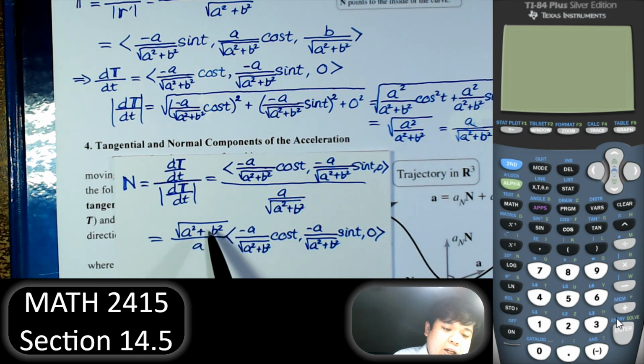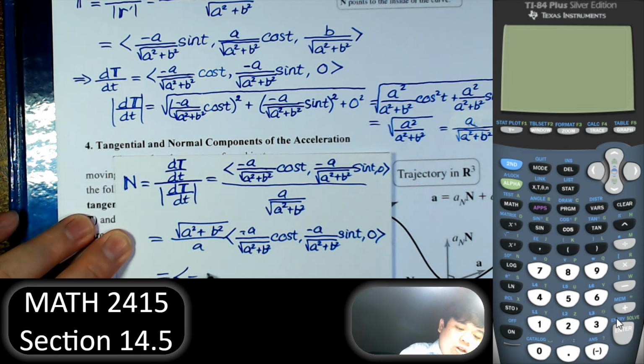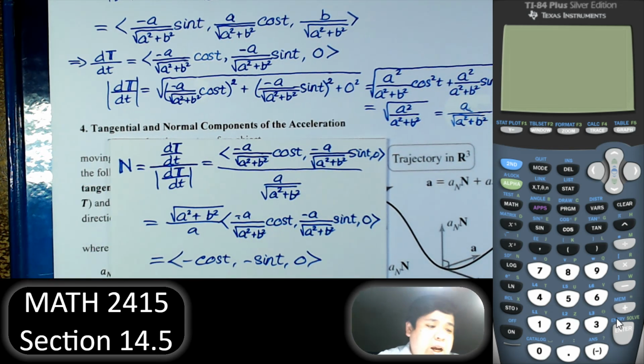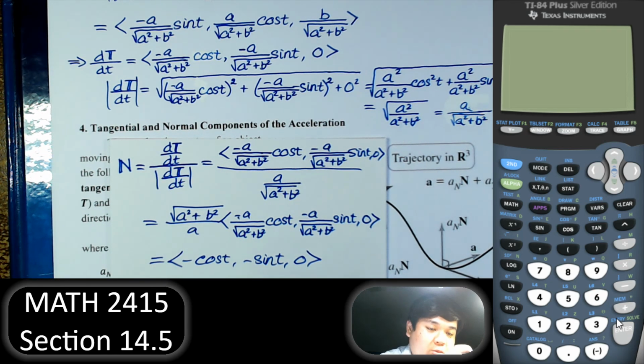When we multiply it in, the square roots cancel and the a cancels out. So we're left with negative cosine t, negative sine t, and then 0. I should leave more space for this problem. I should write smaller.